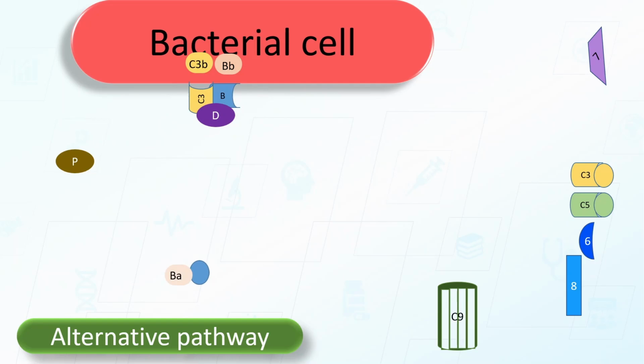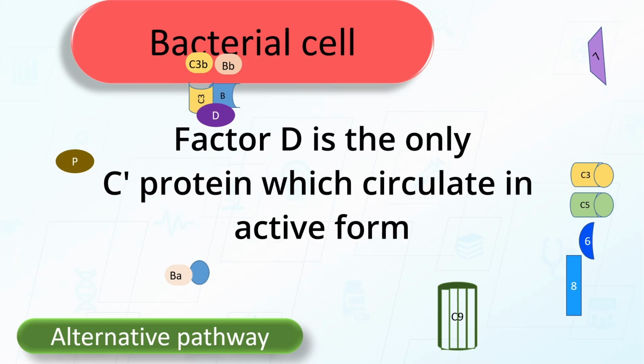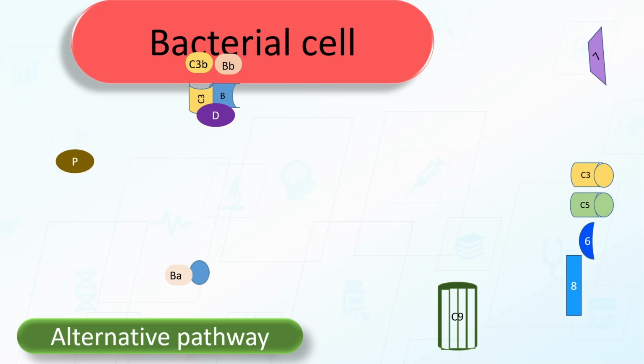So this factor B will attract factor D, which is active normally. It circulates actively, so it doesn't need activation from other proteins, but it circulates in a controlled environment. So factor D will cleave factor B into a and b, which creates a confusing name.